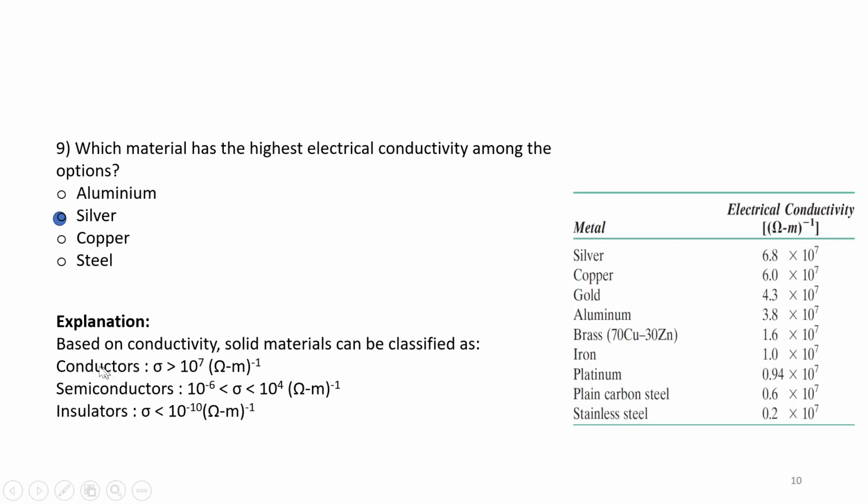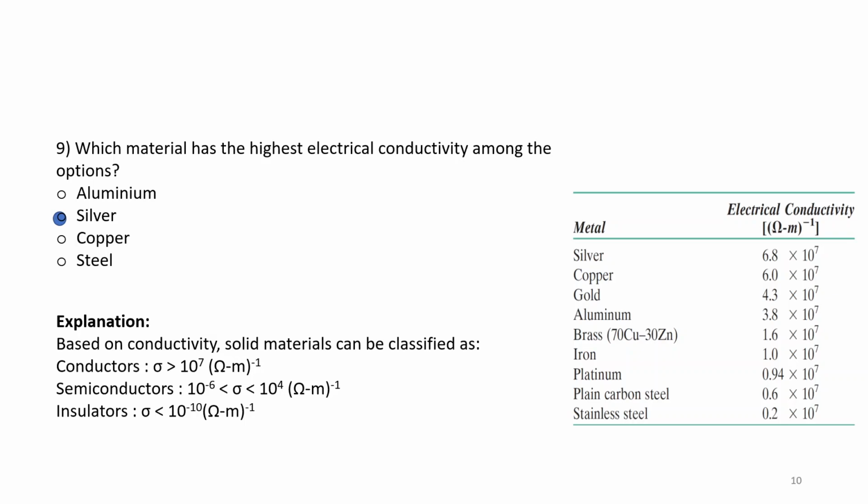So based on conductivity, solid materials can be classified as conductors, semiconductors and insulators, and this is the conductivity range. In case of conductors, you have 10 to the power 7 inverse of ohm meter. This is the conductivity, higher than this, and in semiconductors it will be between 10 to the power minus 6 to 10 to the power 4.